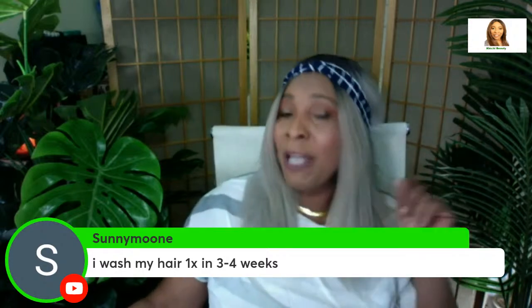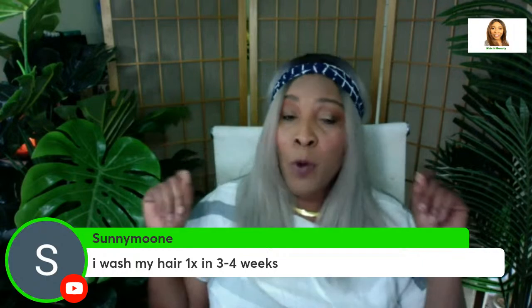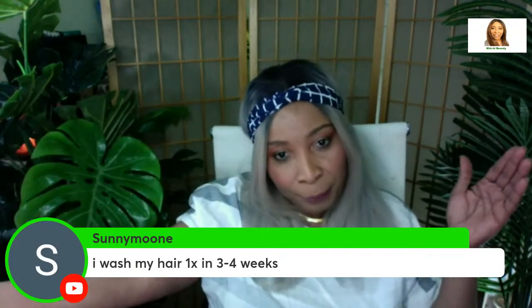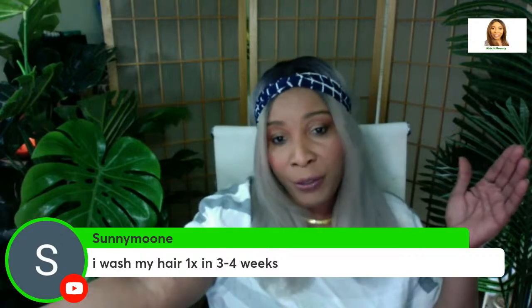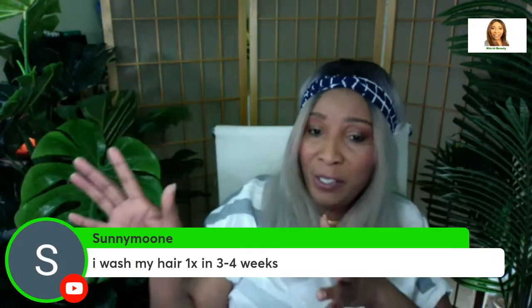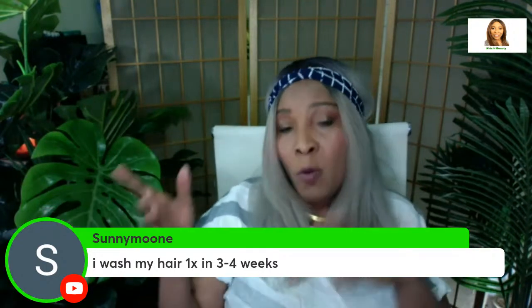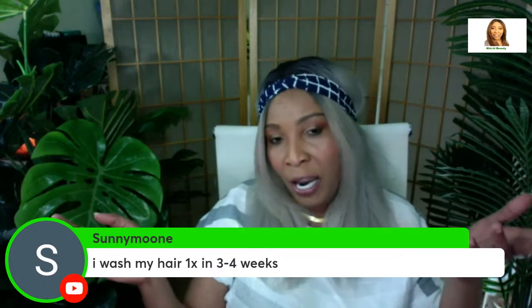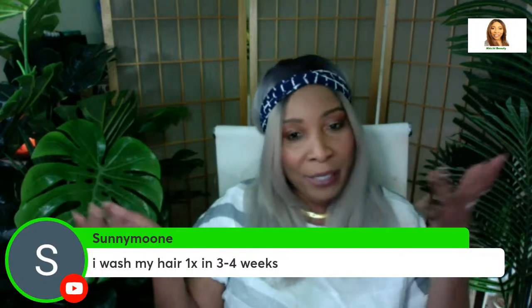Some people, depending on the texture of the hair, wash their hair every day. Now, for people that wash their hair every day, does your hair really fall out? Not really. Some people wash their hair, even though they have that same hair texture, once per week. Now, what is really the ideal amount of time to wash the hair? I would say to each his own. It depends on how you feel.